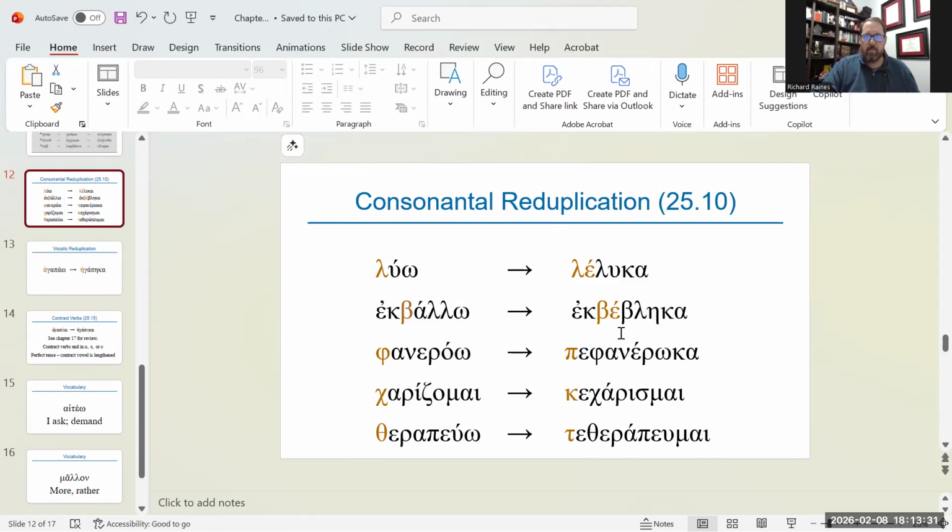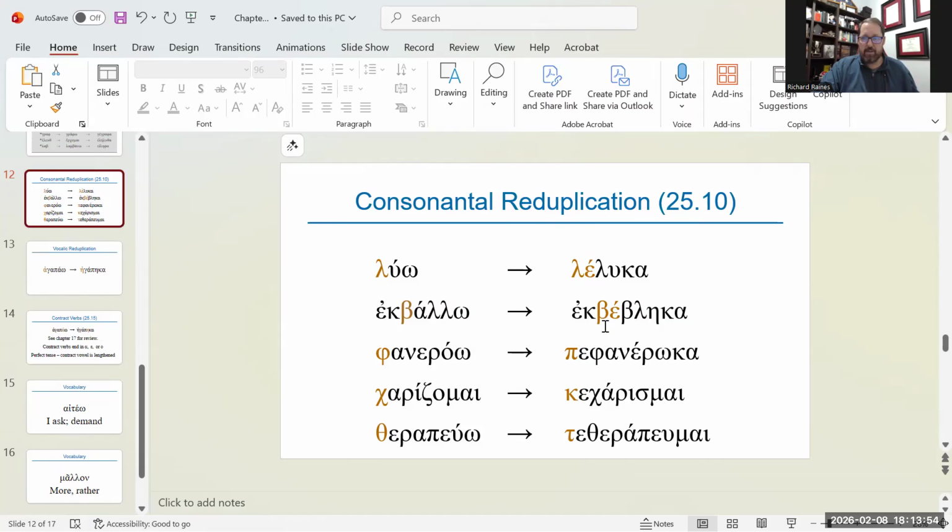So you can see that it's augmenting here, right? So the ek remains the same. So you have to recognize ekbalo. You see that what you're doing is you're essentially augmenting and dropping that alpha.